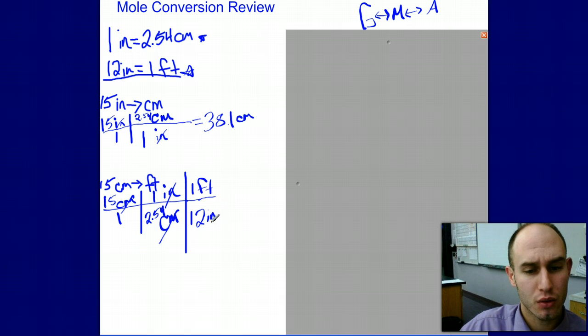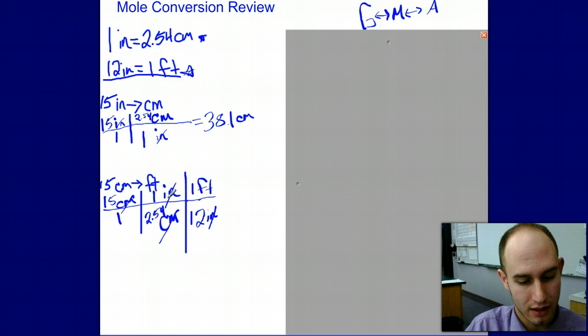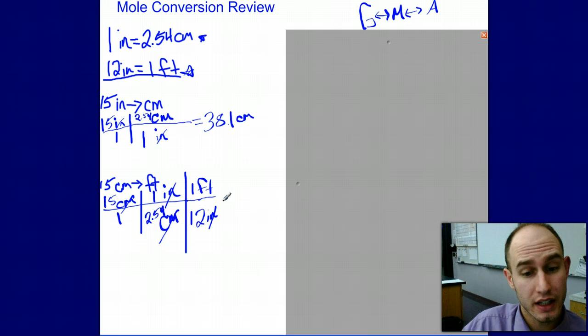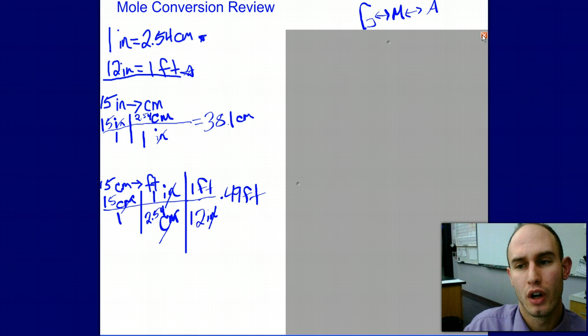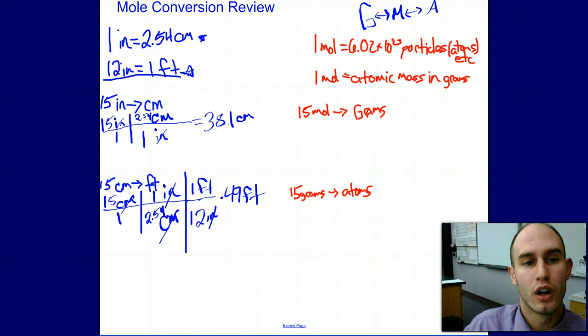Again, inches cancel, and I can multiply on the top, divide on the bottom. So I will do 15 divided by 2.54 divided by 12 to get my answer of 0.49. With sig figs here, you want to have, in this example problem, 2 sig figs, so 0.49 is appropriate.